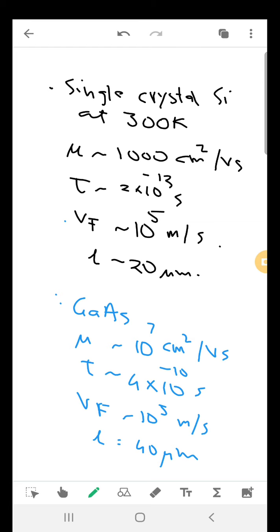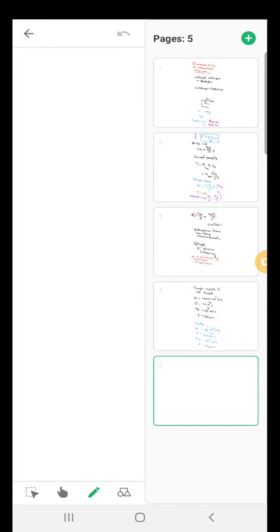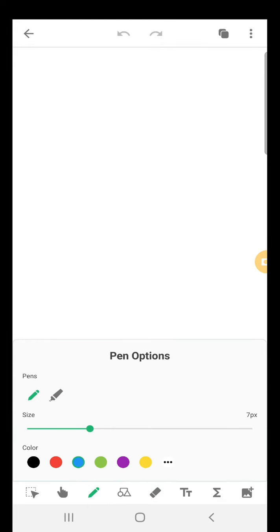Now we talk about the diffusive regime. We understand that the electron will be undergoing some scattering.